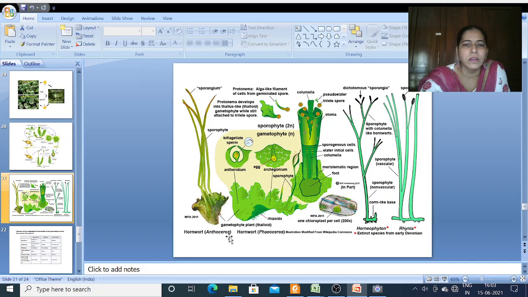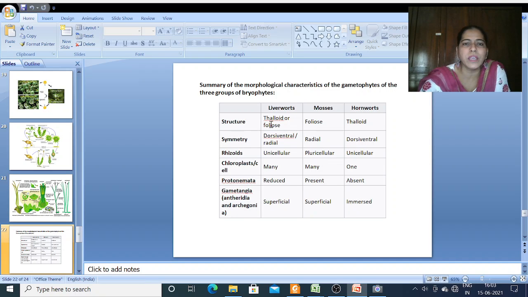So now there will be a quick recap of the structure of liverworts, mosses and hornworts. They are gametophytes. The structure of liverworts and hornworts is thalloid. However, there are some liverworts like Jungermanniales which are foliose. So dorsiventral or radial symmetry is there in liverworts.